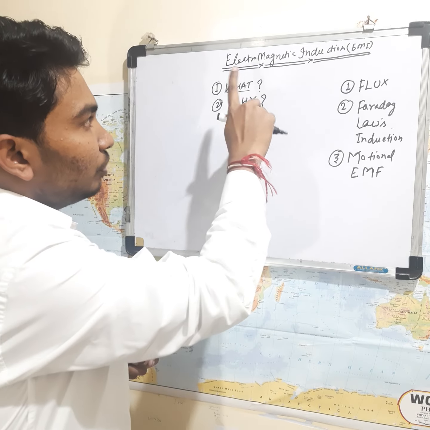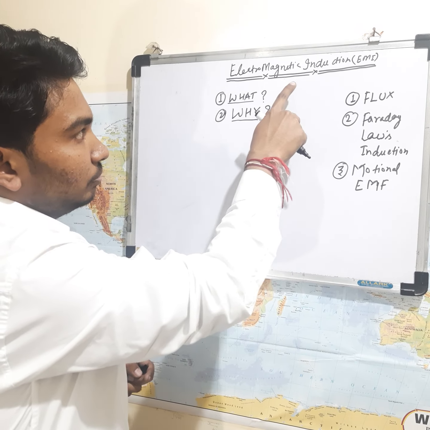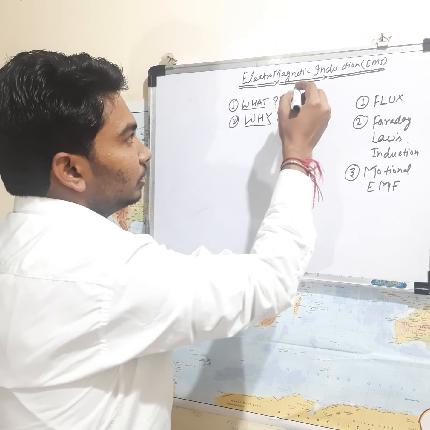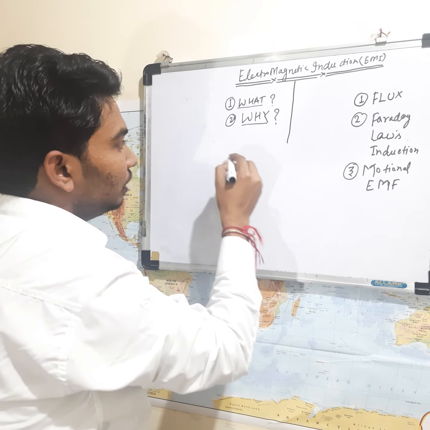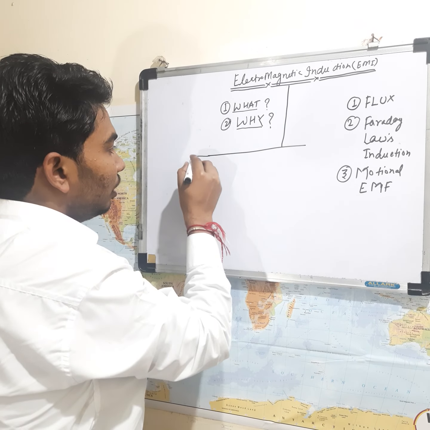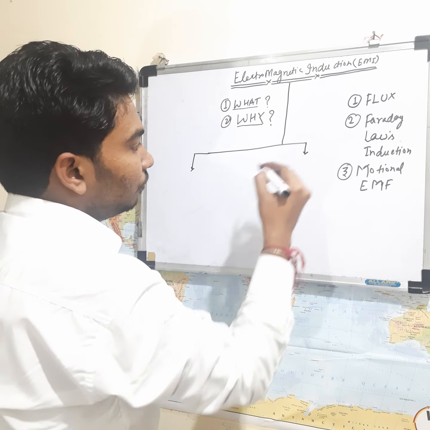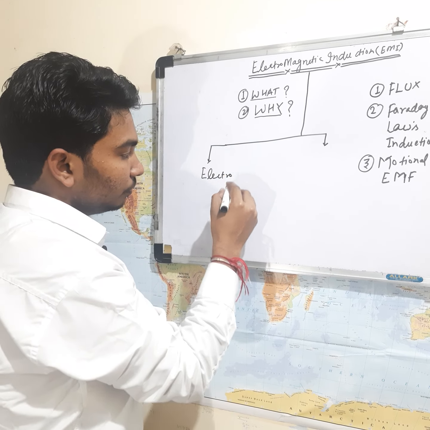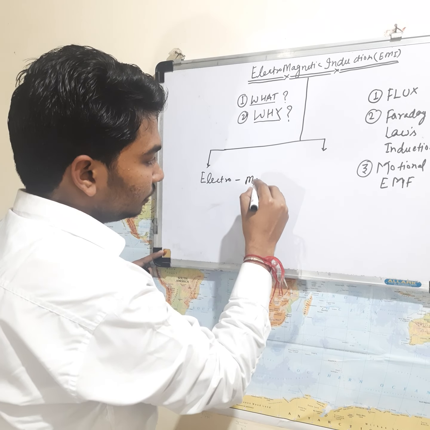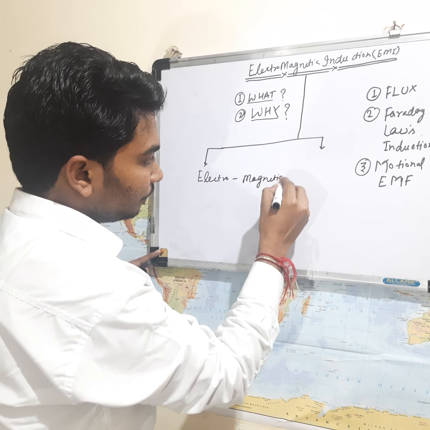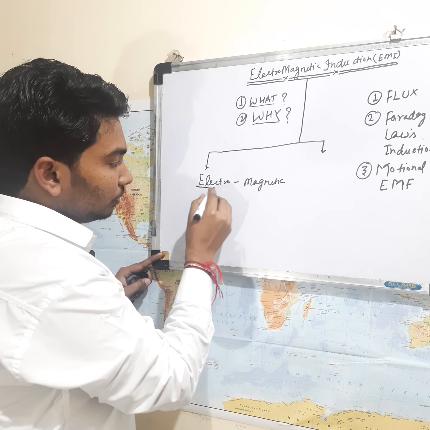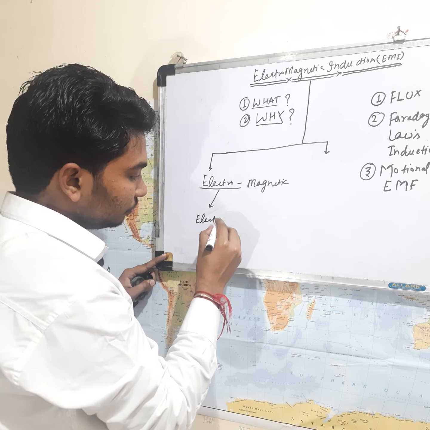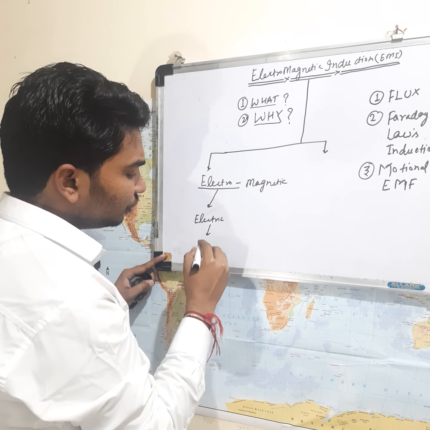Electromagnetic induction, specifically the word electromagnetic, comprises two words, electro and magnetic. Electro mainly refers to electric field, or electric field refers to charge, basically.